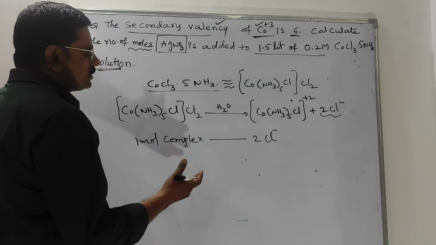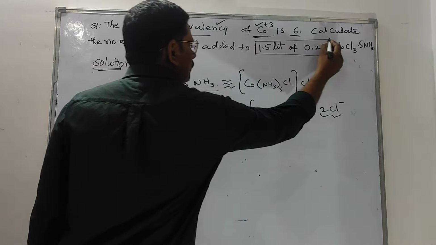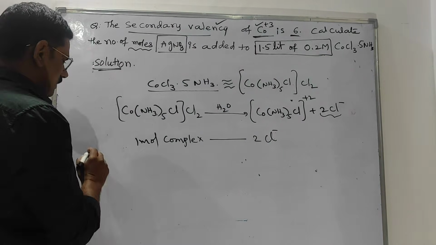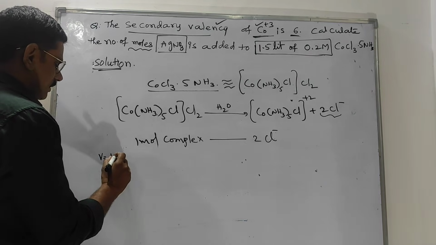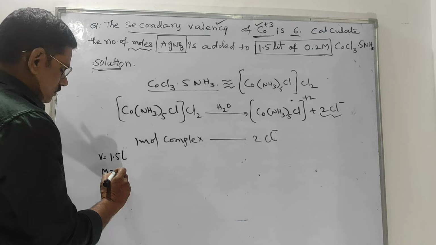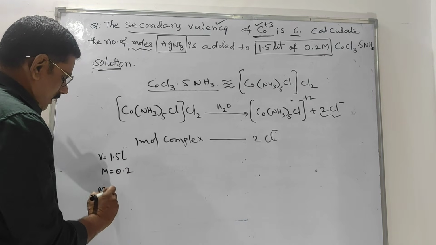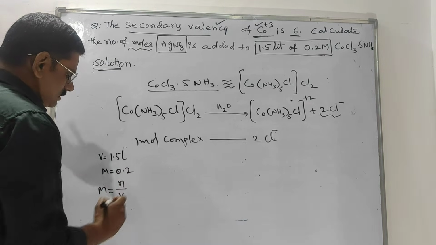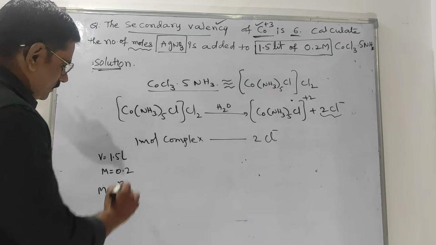And how many moles of complex has he given in the problem? From this data, volume is how much? 1.5 liter. Molarity 0.2. You know, molarity equals number of moles by volume in liter.